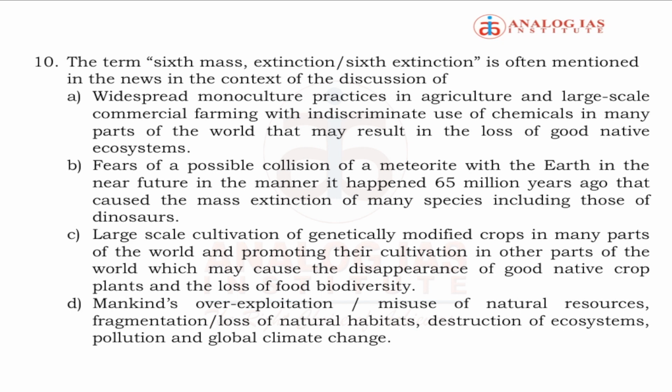All these things are directly related to this new threat. So this new threat concerns the 6th mass extinction or 6th extinction, a term that was in practice because of the Holocene extinction phenomena which occurred in the past. So let's go through all the statements here.